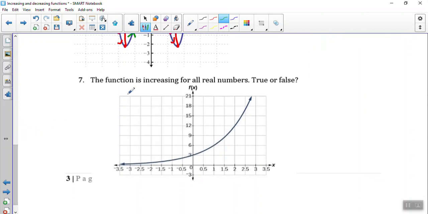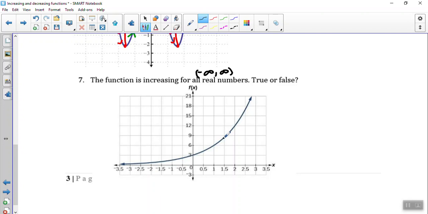Number 7, the function is increasing for all real numbers, true or false. I just want to write all real numbers in interval notation. If we're looking at all real numbers, we're looking at from negative infinity to positive infinity, okay? So from negative infinity to positive infinity, it is going up. I don't see any turning point.